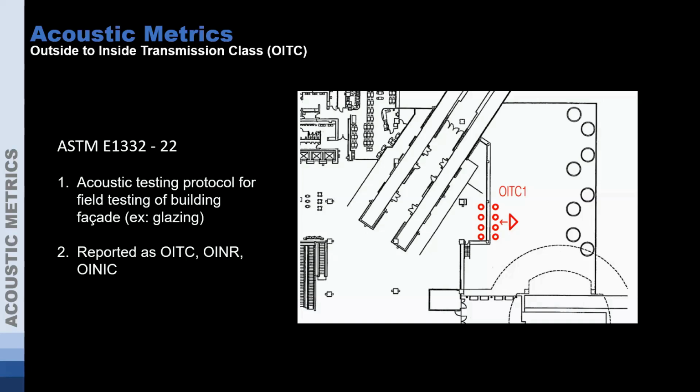OITC levels are typically going to be lower than the STC of the same assembly. So you just have to watch out for that. But they're really focused on those exterior sound sources, is what it's meant to look at. And again, it's just a quick single number rating. It's not giving you the entire picture of what's happening in there.